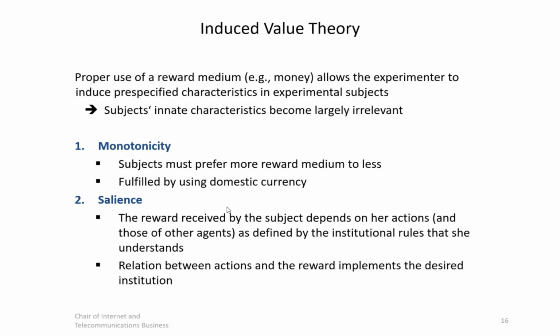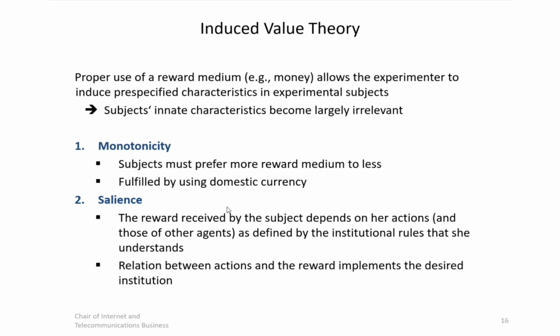Second, salience. The reward received by the subject depends on the actions as defined by the institutional rules that he or she or they understand. And the relation between actions and reward implements the desired institution. So as you take a good action, you get higher and higher rewards.